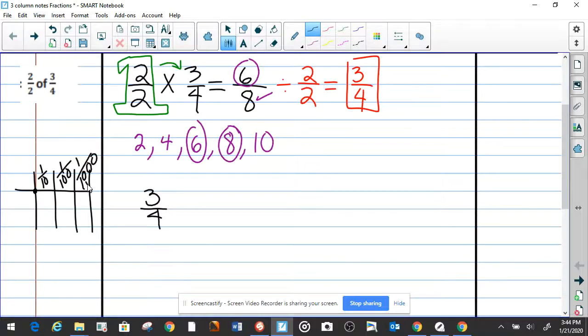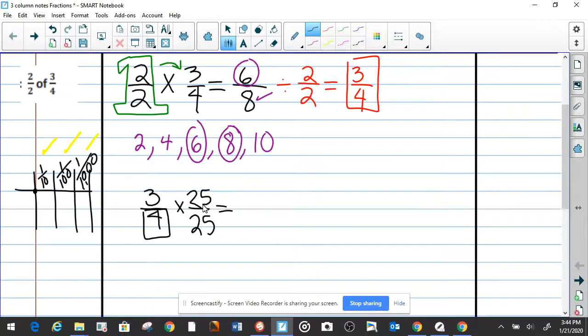Now, to make it into any of those, we need to multiply it by a number that will make the denominator a tenth, a hundredth, or a thousandth. So let's see. Understanding that the 4 is like a quarter, we can multiply this by 25.